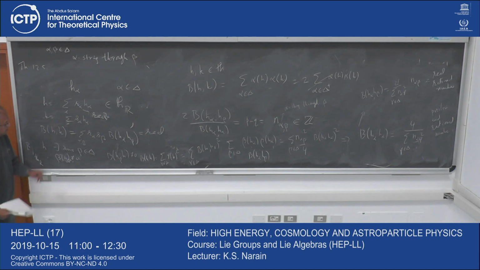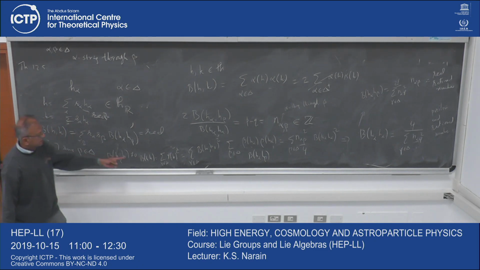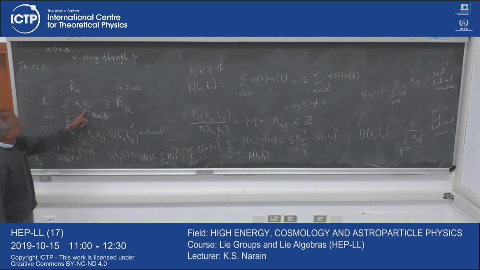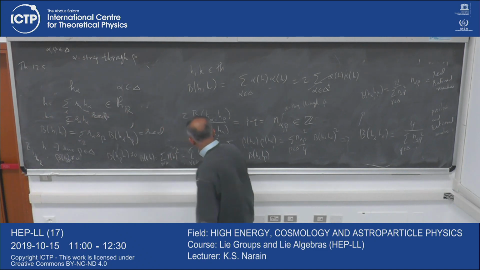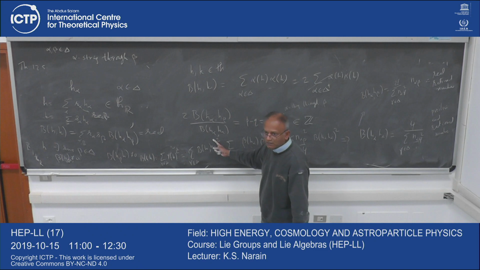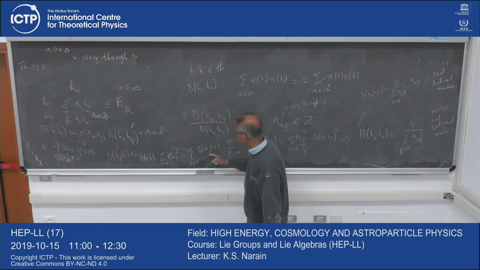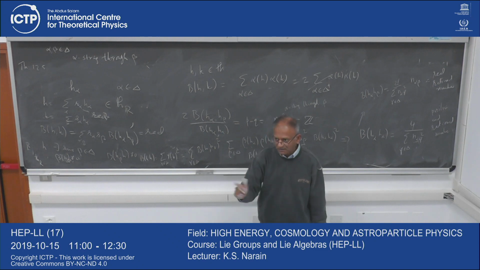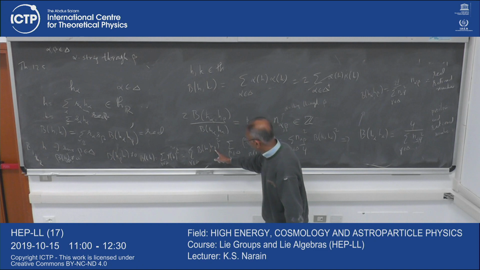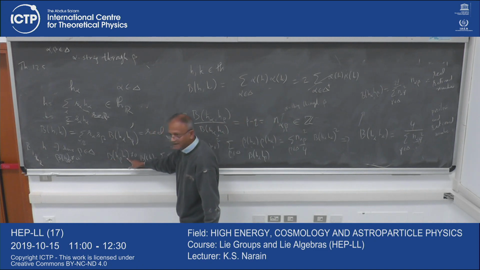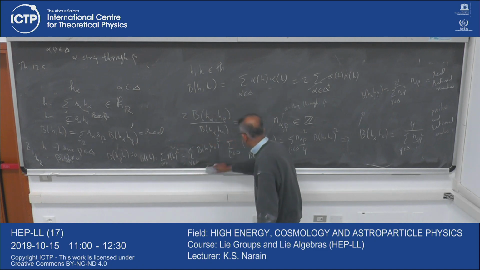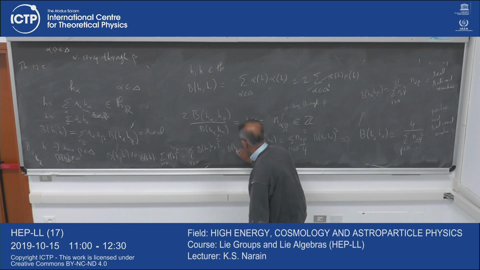In particular, if I choose K to be one of the H_gammas, taking all the other coefficients 0 except gamma, which I make 1, that's a particular case. So each of these terms is real. A real square is always going to be positive, I mean 0 or positive, it cannot be negative. But it's not 0 because certainly there exists some beta such that B(H_beta, H) is not 0. So this sum I can write by taking that beta and separating it out: B(H, H_beta) squared plus all the remaining ones.